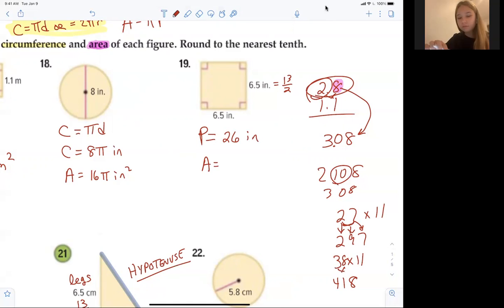What's the formula for area of a square? That's exactly correct, Harrison. Side squared. So what is 13 over 2 squared? Wow, that's why it's easier to deal with fractions. 169 over 4 inches squared.